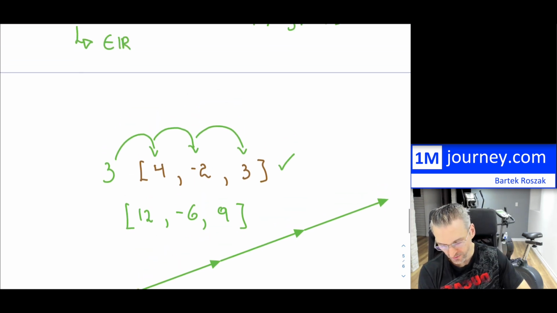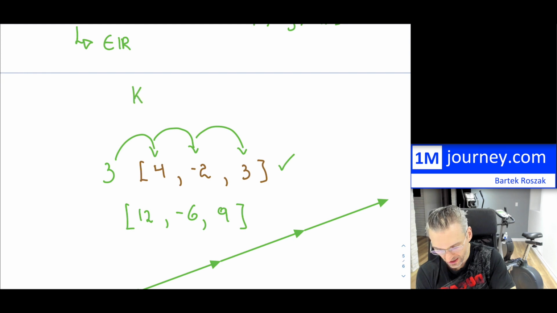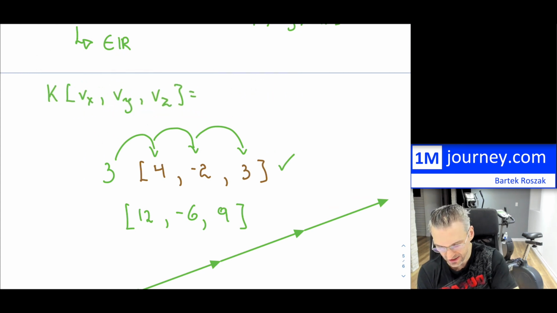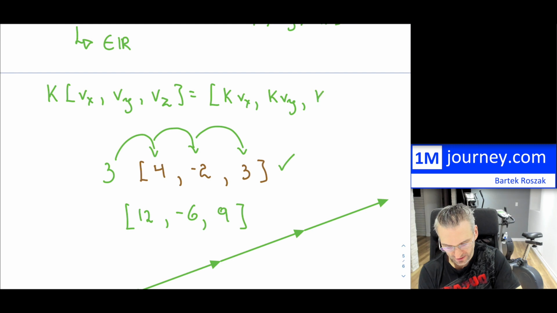So in general, when we have a k and we're trying to multiply it by a vector with those particular components, then this is nothing else but just bringing the k inside of the vector. So k multiplied by vx, k multiplied by the vy value, and then k multiplied by the vz value.